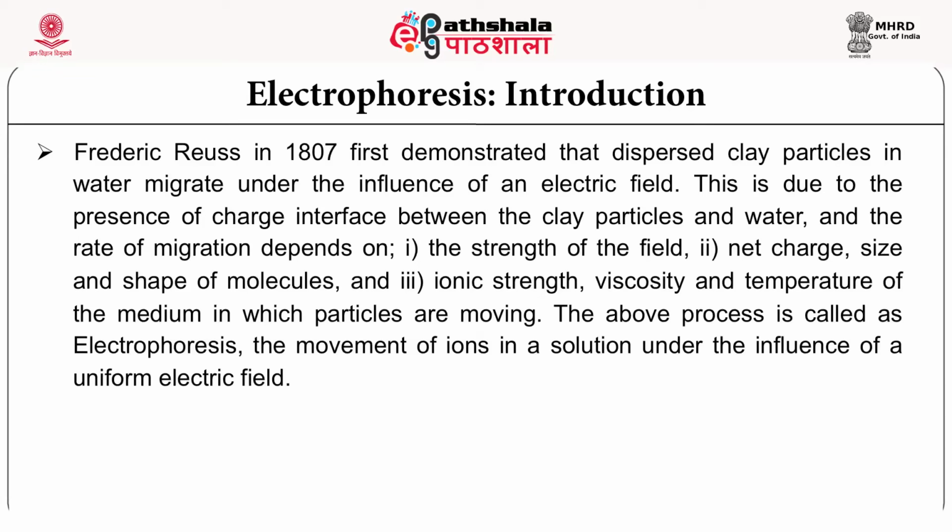This is due to the presence of charge interface between the clay particles and water, and the rate of migration particularly depends on the strength of the field which is applied, the net charge, size and shape of the molecules, and the ionic strength, viscosity and temperature of the medium in which the particles are moving. The above process is termed as electrophoresis, the movement of ions in a solution under the influence of a uniform electric field.